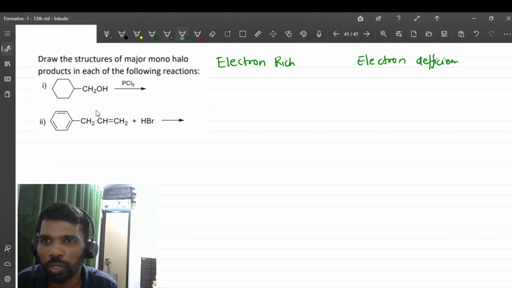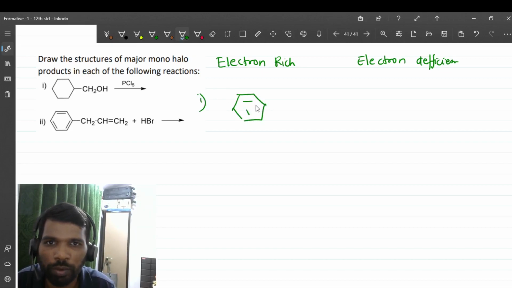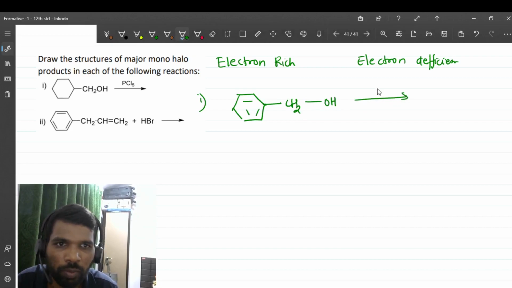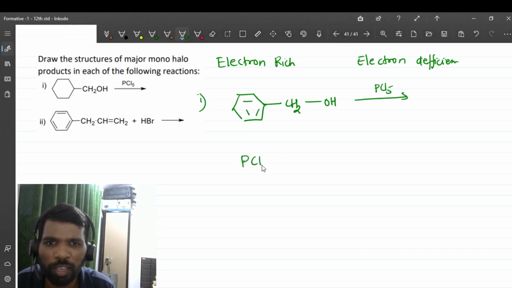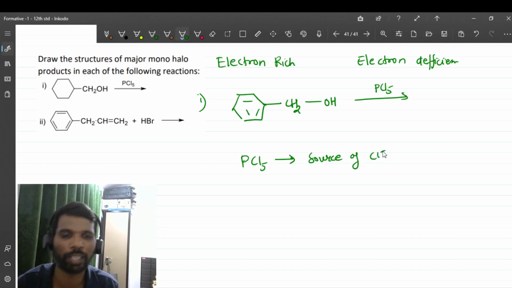Right? So here it is PCl5. In the first case, this is the compound which is given over here. This is CH2OH. Okay, this is what they have on the arrow, PCl5. What is PCl5? PCl5 is a source of Cl minus ion. Understand?